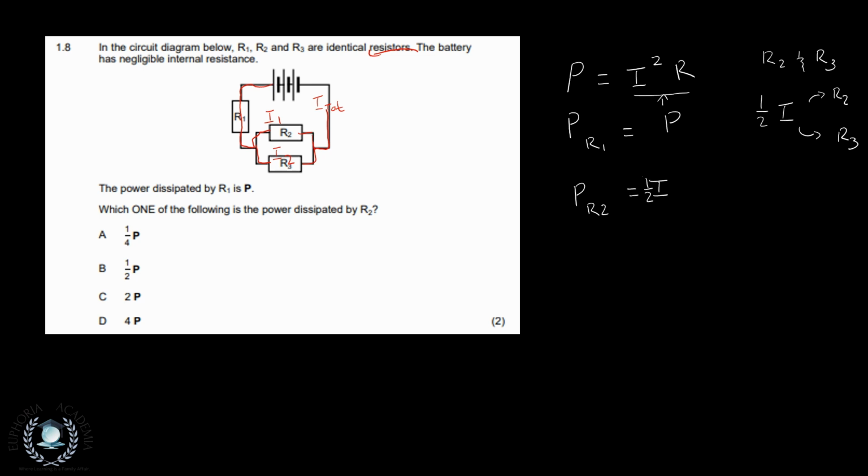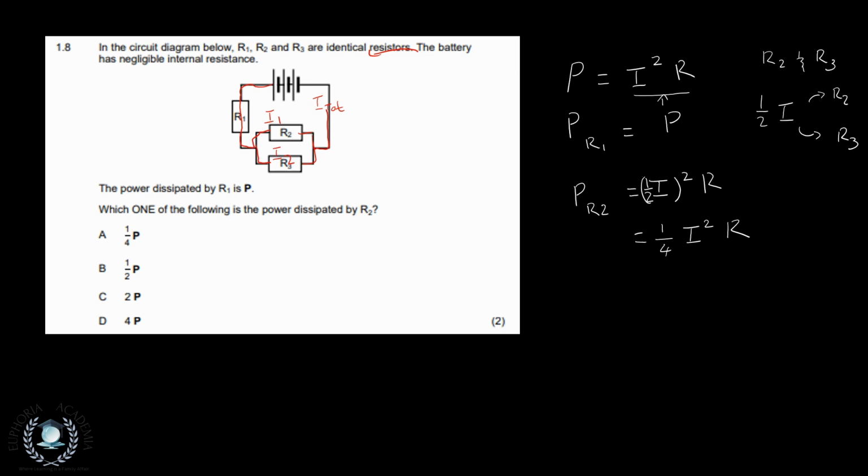So we can actually say that half of the main current, the total current, I'm not going to write I total for this one, is going to go into R2, going to square that, and the resistance, it's still the same resistance as the resistance R1. Alright, so that will give us, when we do maths, when we square it as well as apply it to the half, we're going to get a figure of that.